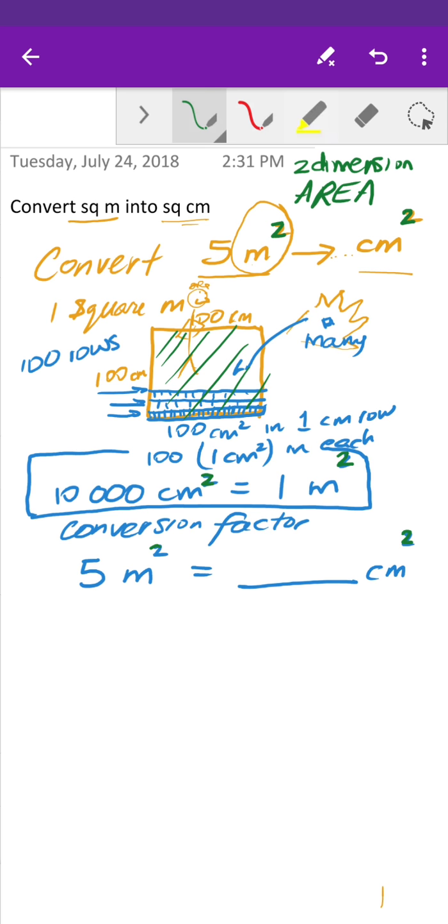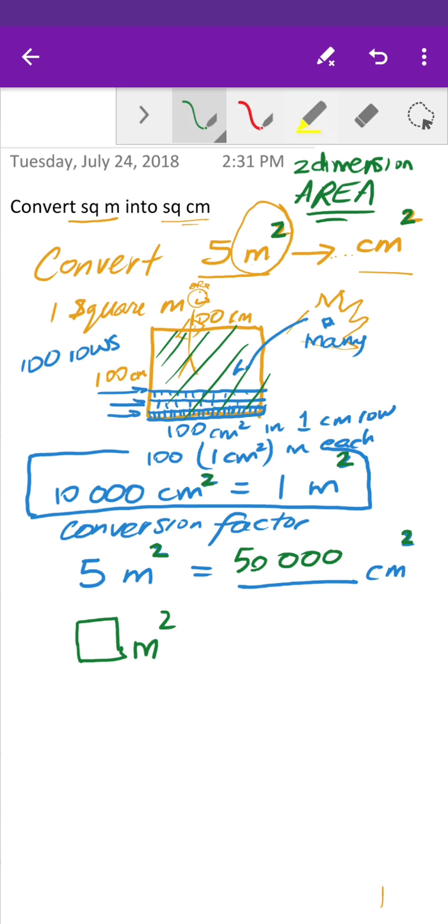So whenever something is two-dimensional, we're dealing with area. So 5 square meters is an area. It's quite a large area, and that would fit 50,000 square centimeters.